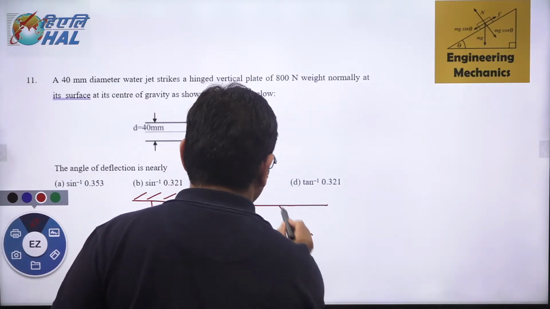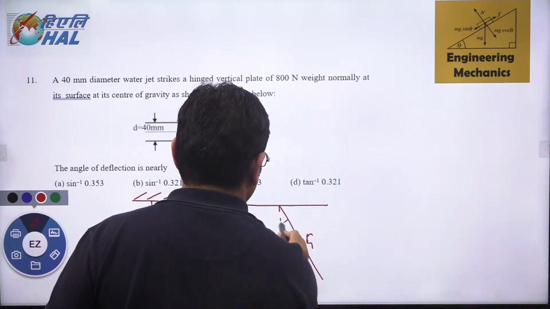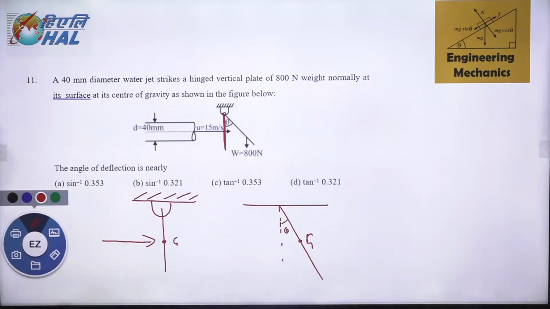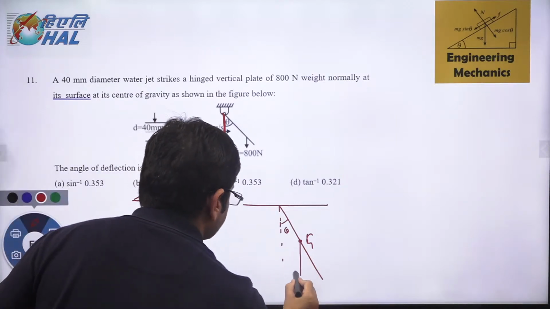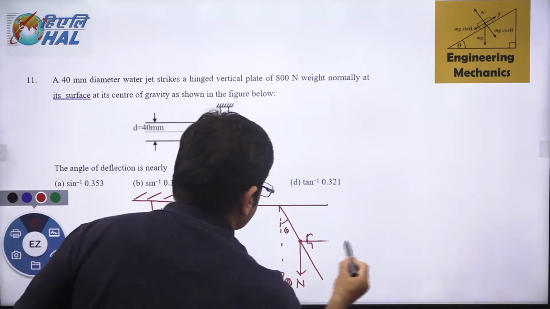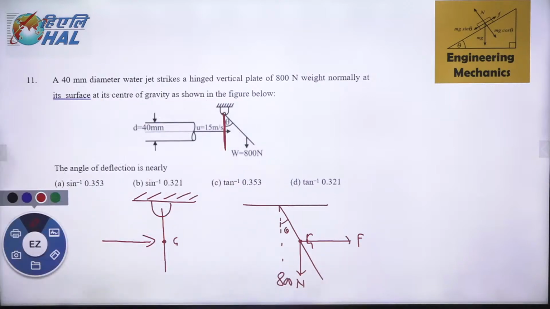This is G, and this is, let us say, angle theta. So the entire weight 800 Newton is acting at point G, right? And the force F is acting this side. This force is applied on this particular plate. You have to find out the angle theta.